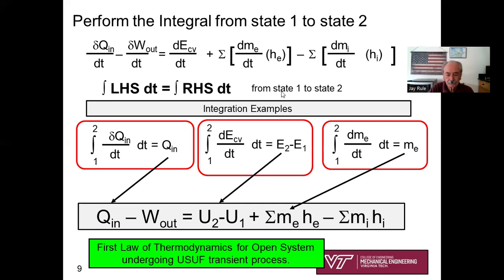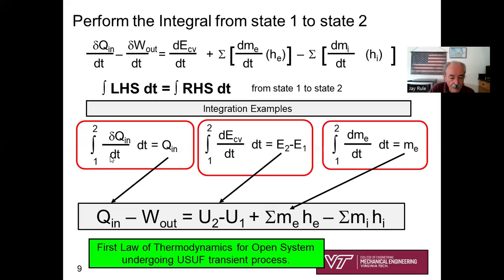But now, instead of dragging through slide by slide for every term, I want to give you some examples of how we would integrate. How would we integrate this term, del Q dt, with respect to time? Here's my example. I would integrate from state 1 to state 2 of del Q in dt.